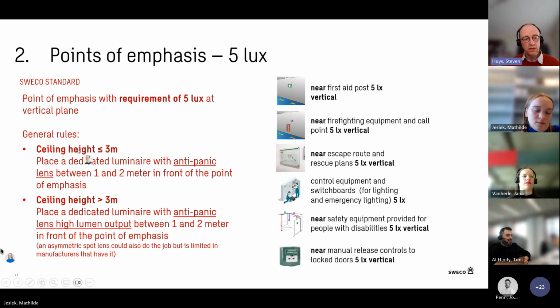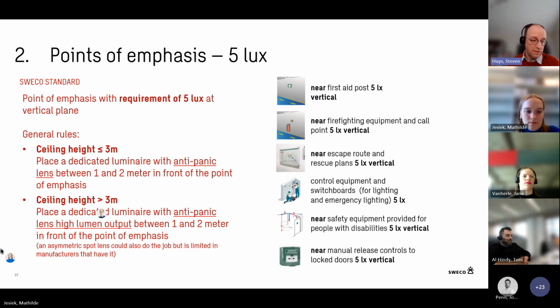and Mathilde also calculated it in various positions, that if the ceiling height is less than 3 meters, then it's okay to place a dedicated luminaire with an anti-panic lens within 1 and 2 meters in front of the points of emphasis.